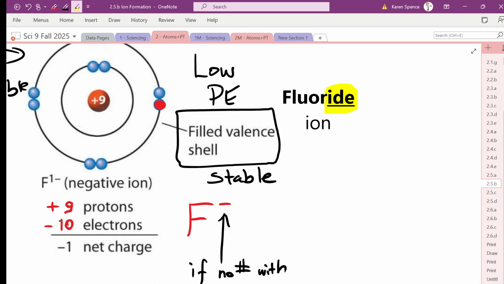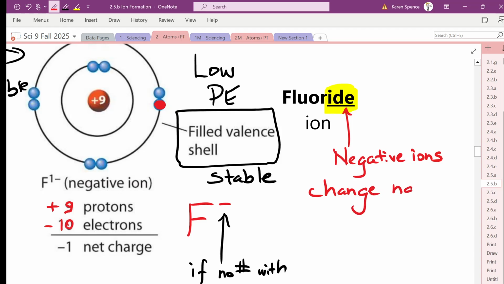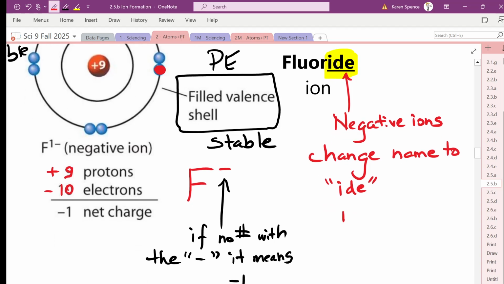Positive ions do not. And that's the reason why sodium chloride is called sodium, no name change. That's our positive ion, chloride. The negative ion took the ending "ide."